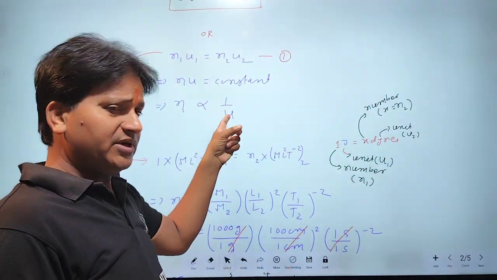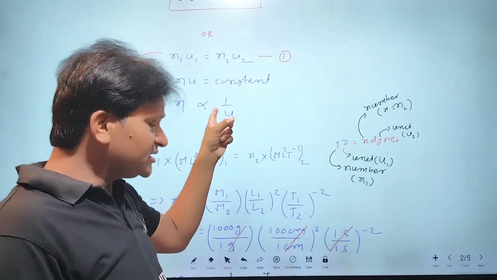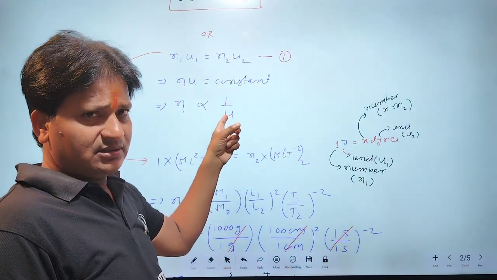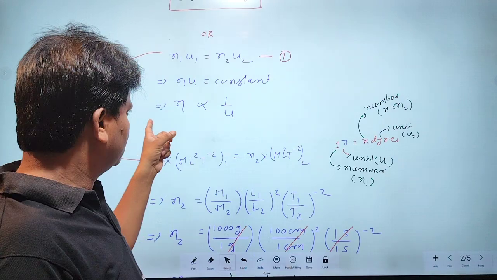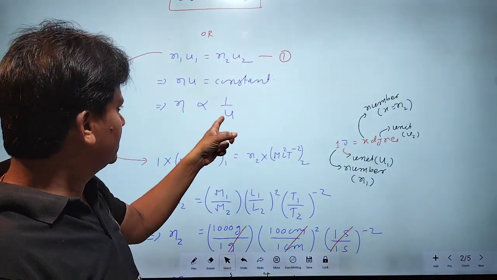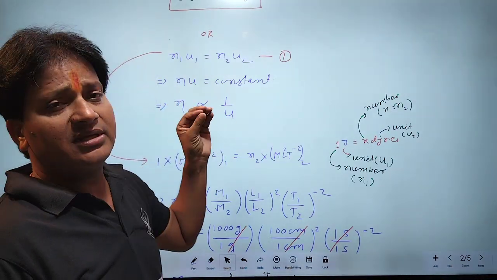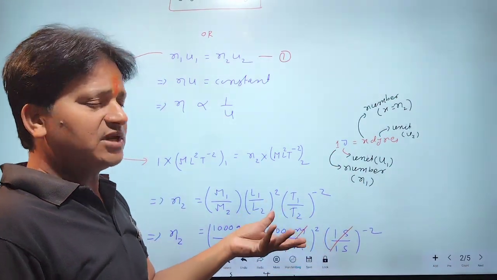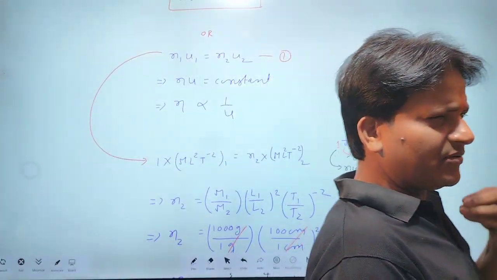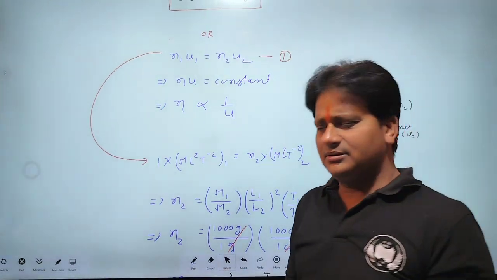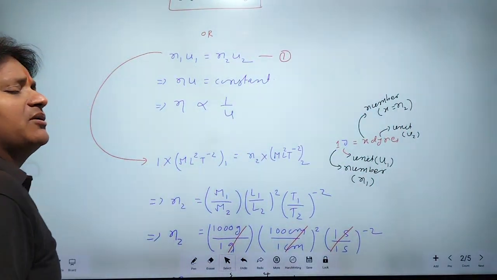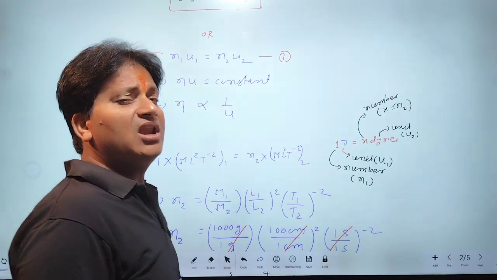Since the unit is smaller, the number will be larger, and this value is equal to 10 to the power 5. 10 to the power 5 means 1 lakh.